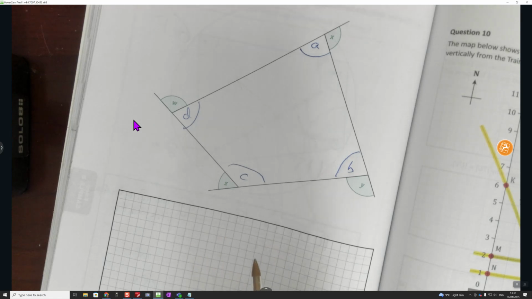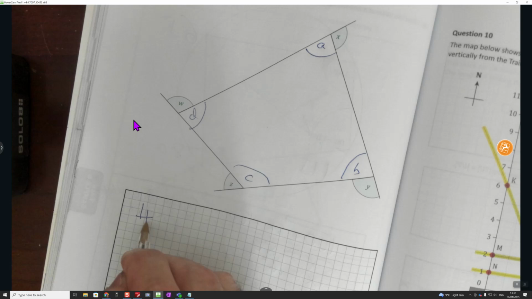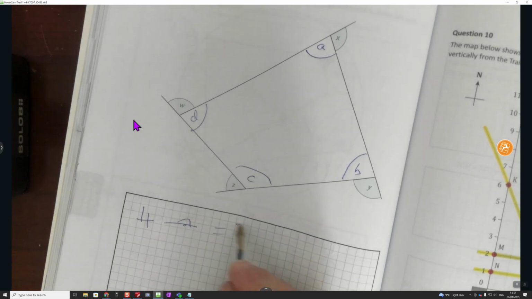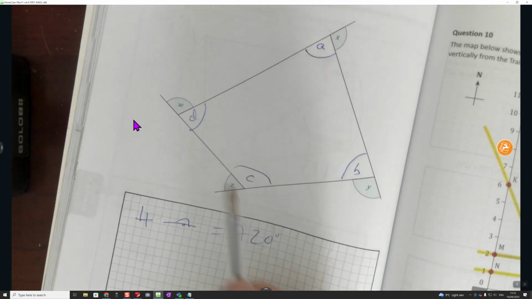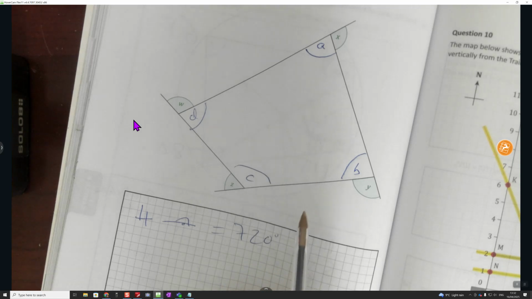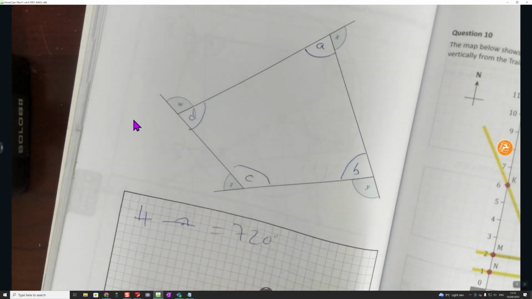Now I have 4 straight edges, and 4 straight edges is 4 by 180, which is 720 degrees. But I know that A plus B plus C plus D is 360, 90 and 90 and 90 and 90, for example.